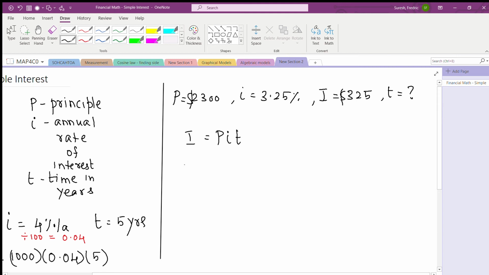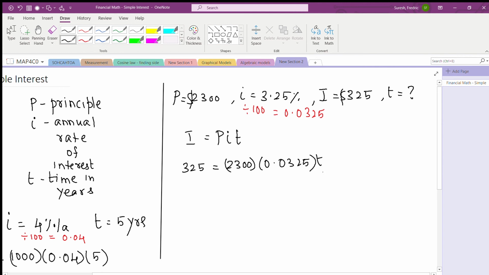So put the numbers in. The interest is 325. The money that you borrowed is 2,300, and the interest rate, which you have to convert to a decimal by dividing by 100, gives 0.0325. Substitute that here, 0.0325, and the time.